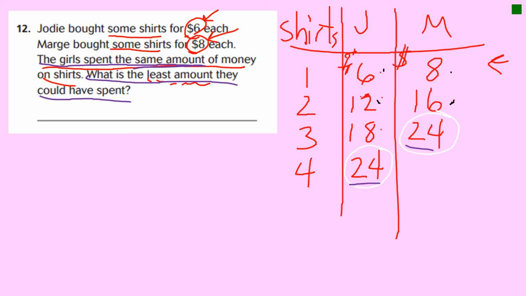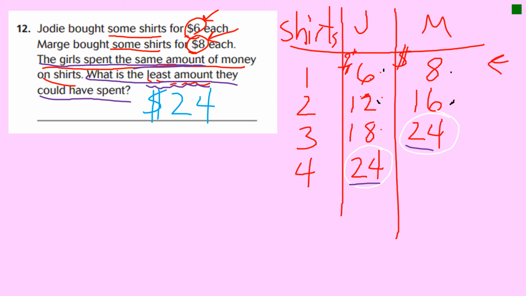It doesn't say they bought the same number of shirts, does it? They just spent the same amount of money. So what is the least amount they could have spent? $24. Now, Jody got 4 shirts. Margie only got 3 shirts. But they both spent $24 on shirts.